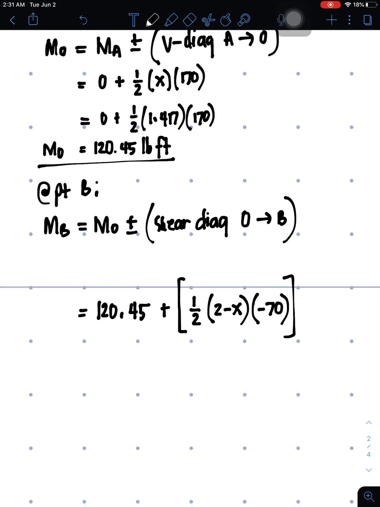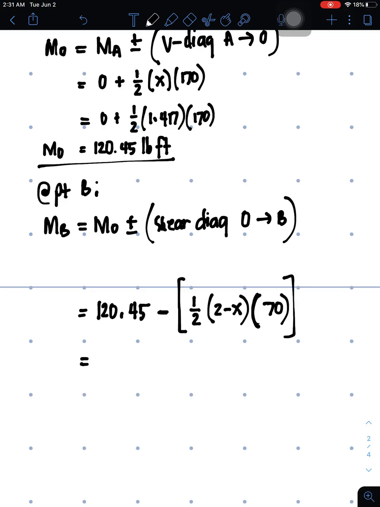But to be uniform, we're going to place it as negative, because we understood that if it is below the zero shear line, it is negative. Then make sure you don't put a negative value on the 70, because it becomes redundant. Okay?